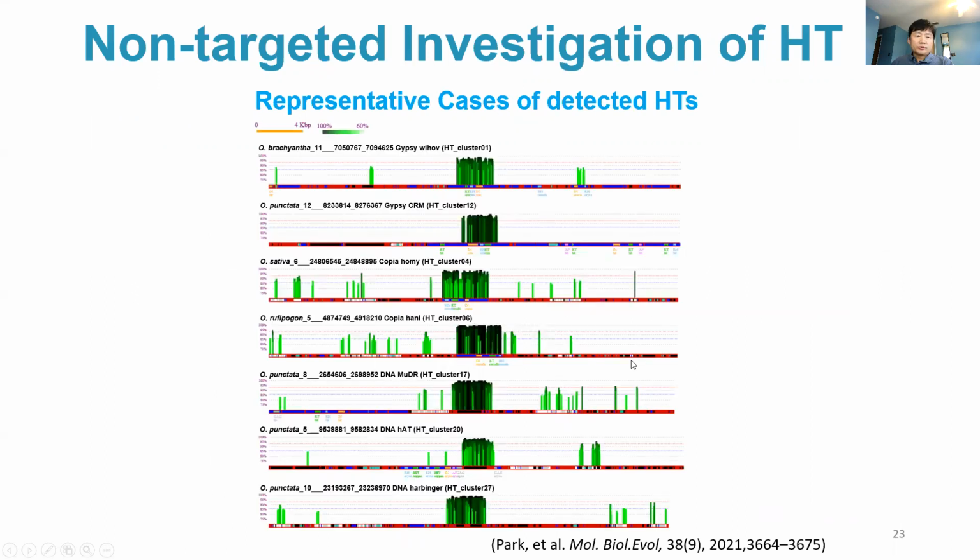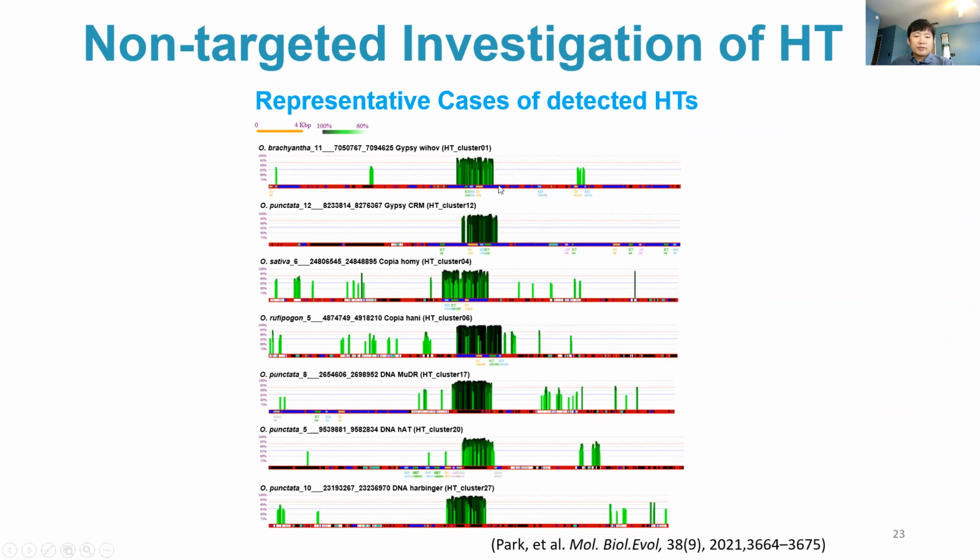And this shows the representative horizontal transfer cases detected by non-targeted investigation. The horizontal red bars indicate the sequence contigs of Oryza genomes containing the horizontally transferred DNA. Vertical bars indicate the mapped Echinochloa sample sequences.